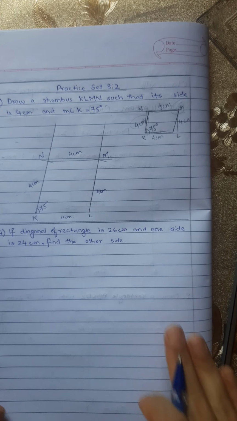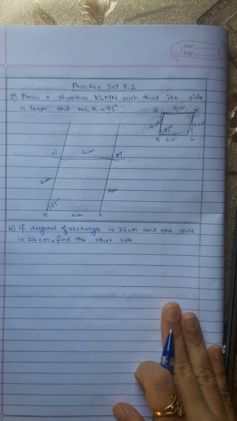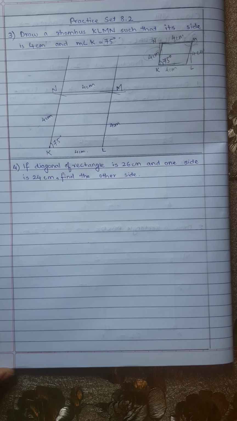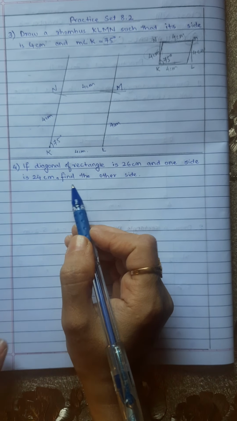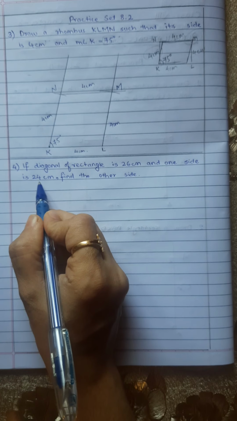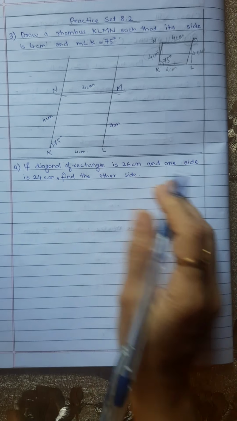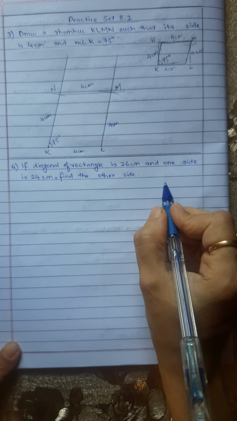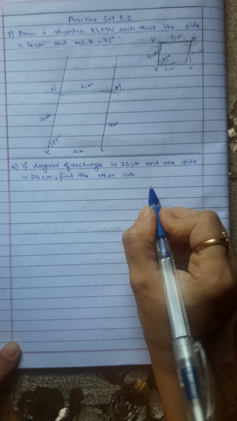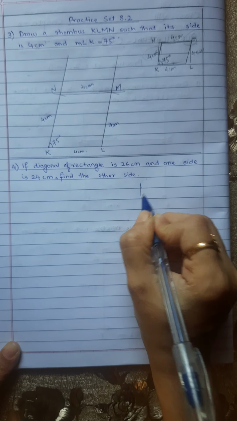Okay, that's it about the third question. We'll start with the fourth now. So let's start with the fourth question. If the diagonal of a rectangle is 26 centimeters and one side is 24 centimeters, find the other side. Diagonal of a rectangle means I will draw a rough rectangle here in this way.